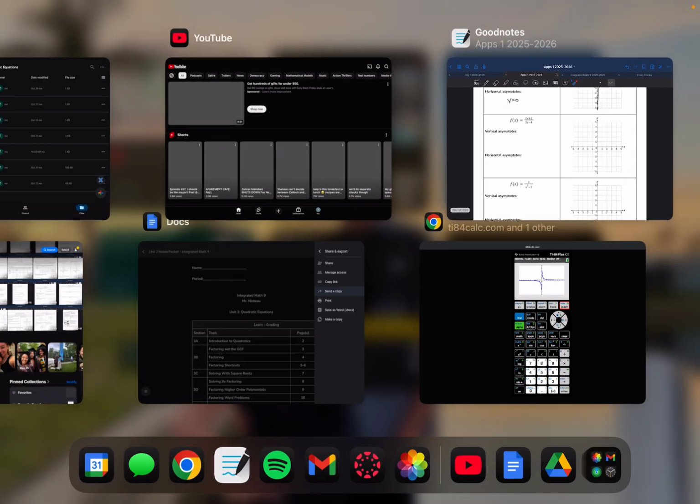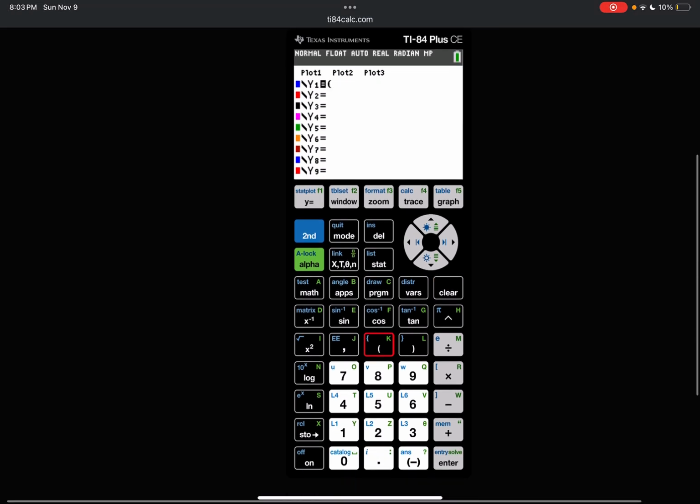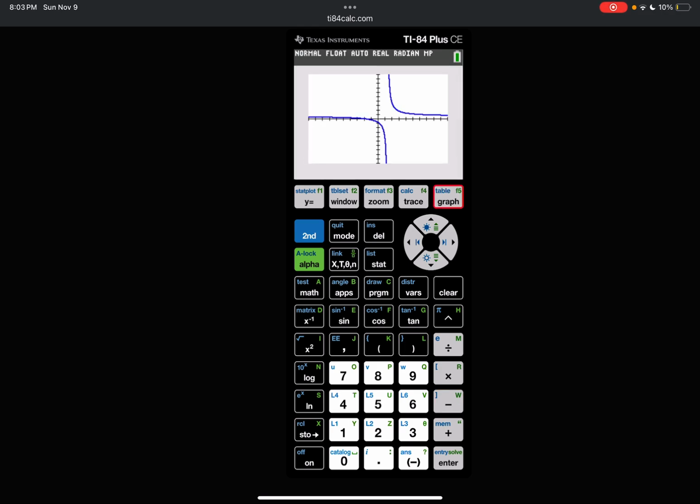Right, now if we look at this one, we have 2x plus 3 divided by 3x minus 4. We graph it. It looks like this.